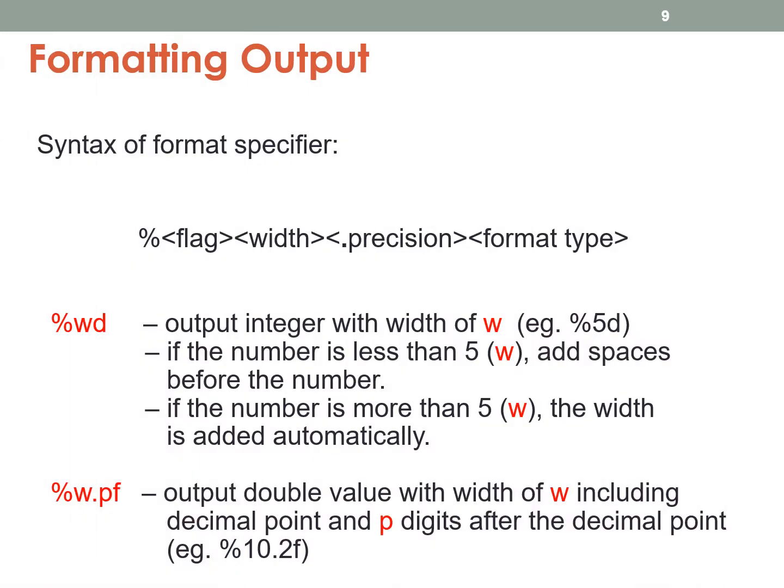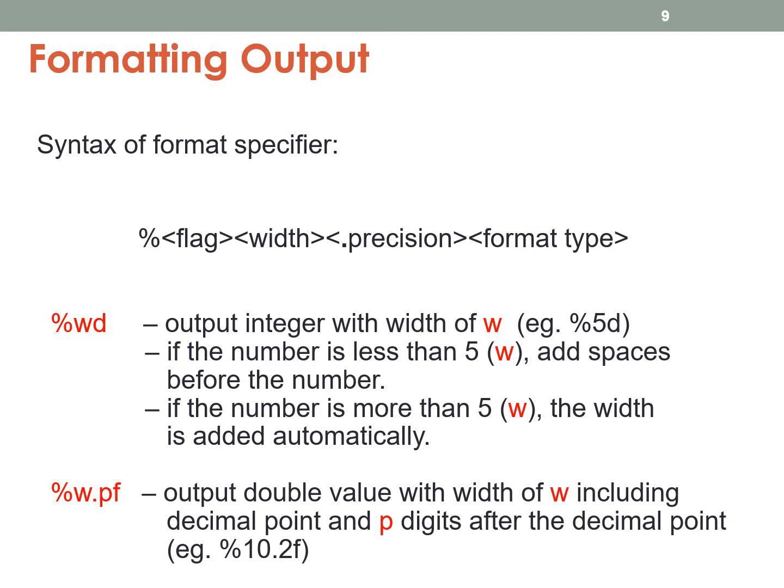Referring to the syntax of format specifiers, the way to write it is % flag with width, precision and the format type, which can be d, f, s, c, and other types to represent different data types. %wd refers to the output type integer with the width of w.